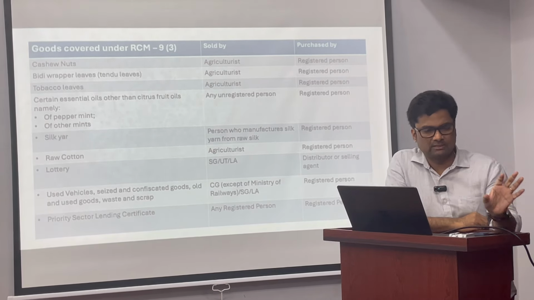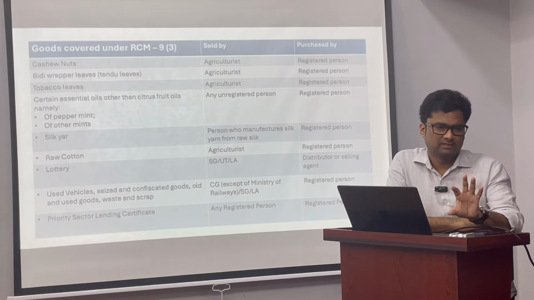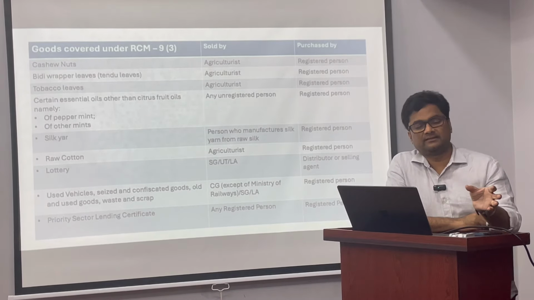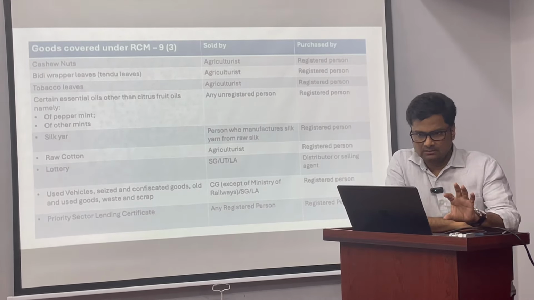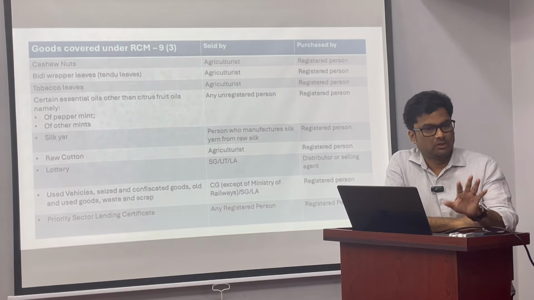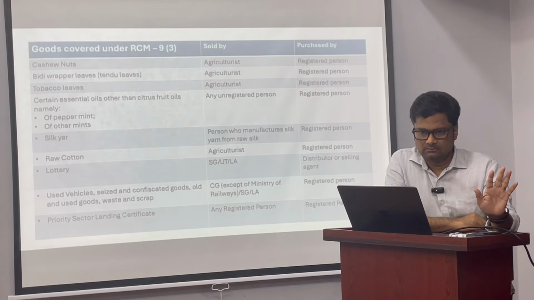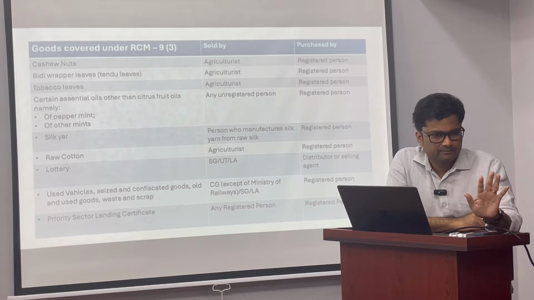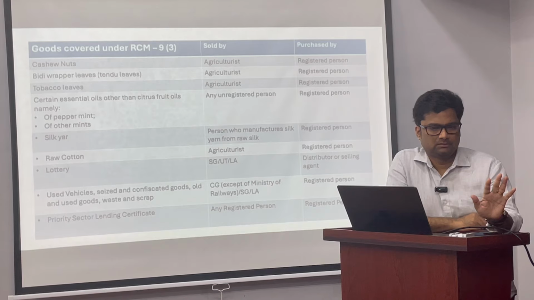Effective rate, I said, that is 0.5 CGST, 0.5 SGST. And other than affordable apartments, 5%, 2.5, 2.5. No ITC. Input tax credit will not be allowed.